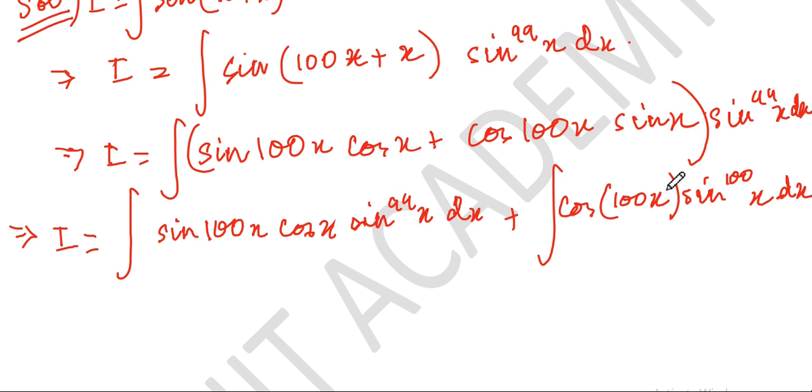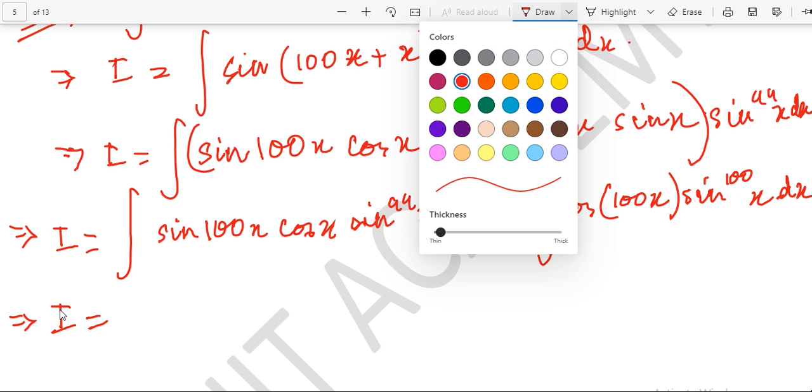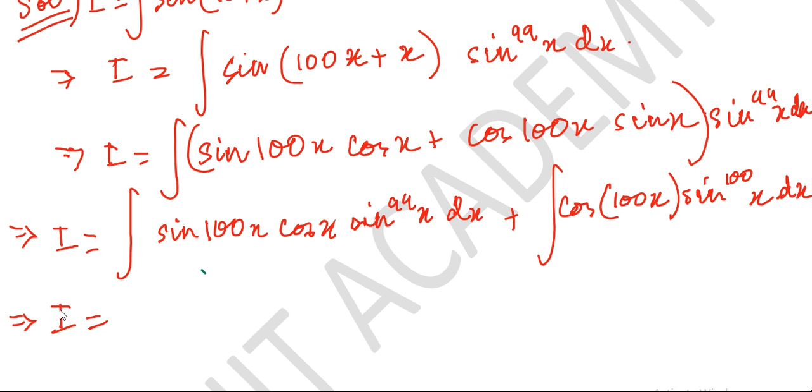So now let's see. I is this function, and we have to integrate it by integration by parts. Now that's a huge function. The question is which one will be the first part and which one will be the second part.